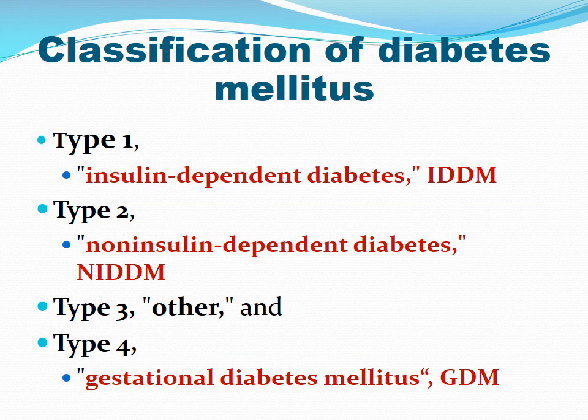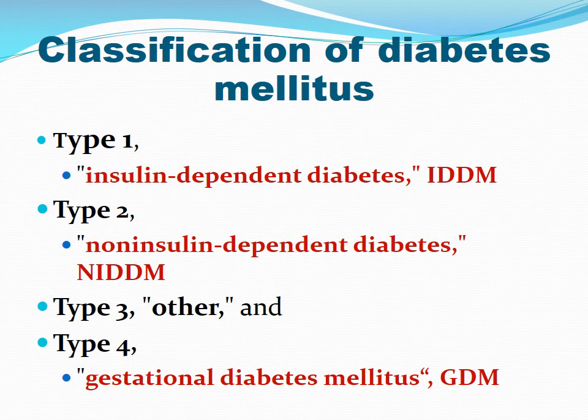Classification of diabetes mellitus. We have four types. Type 1 is known as insulin dependent diabetes. Type 2 is non-insulin dependent diabetes. Type 3 is due to other causes. Type 4 is gestational diabetes mellitus, associated with pregnancy.